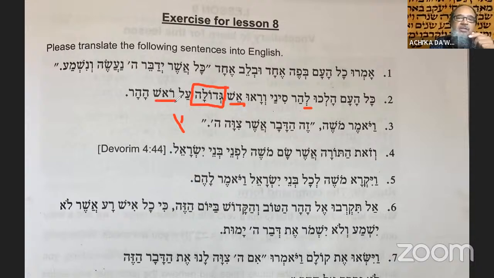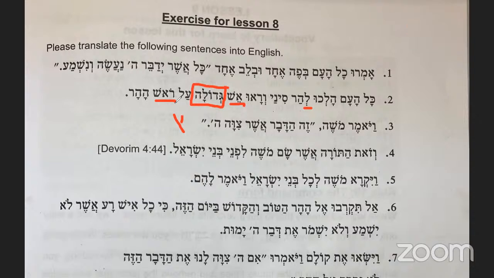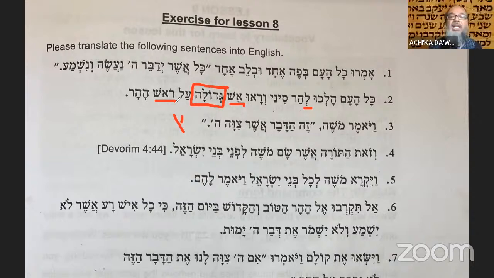What's the rosh? Sounds like resh. Resh is a letter, but what's the rosh? The head. So they saw the head is at the what? The top. The top of what? The har. What's the har? The mountain. So read this. All the people, halaku, lahar, Sinai, va-yir'u, esh gedolah, al rosh ha-har.